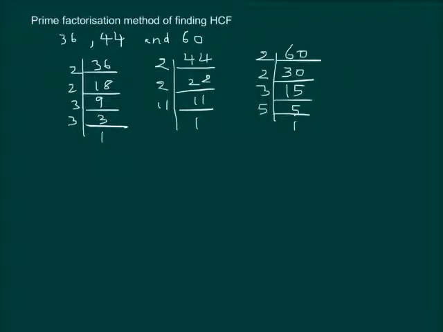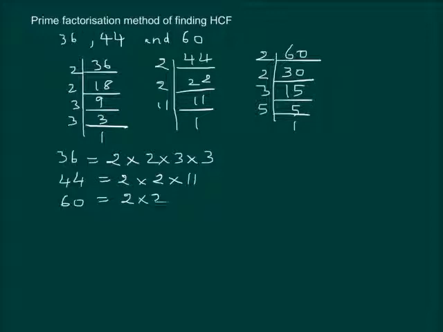Now 36 can be written as 2 into 2 into 3 into 3. Similarly, 44 can be written as 2 into 2 into 11, and 60 can be written as 2 into 2 into 3 into 5.